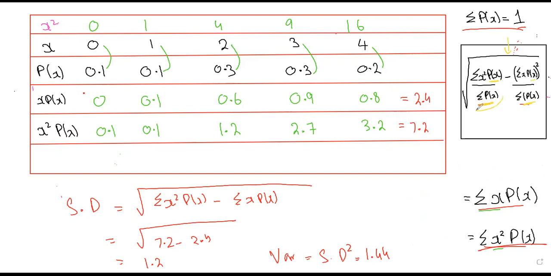We did not find the sum of probability of x because that is a property; it is always 1. Every other thing is the same. We had to find x squared, multiply x squared with p(x) and x with p(x), and find their sum. You're only replacing f with p(x), and that is how you find the standard deviation and variance in the case of a probability table.